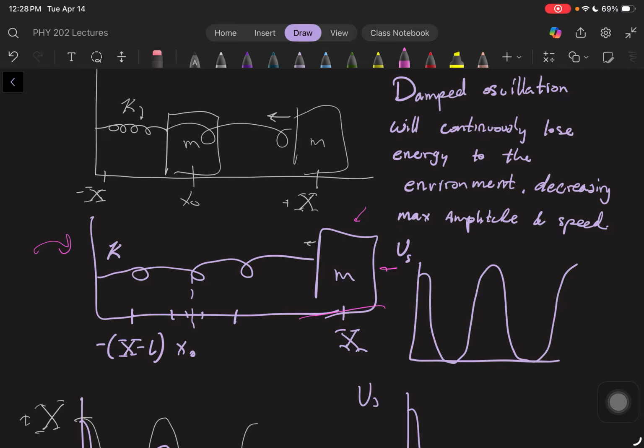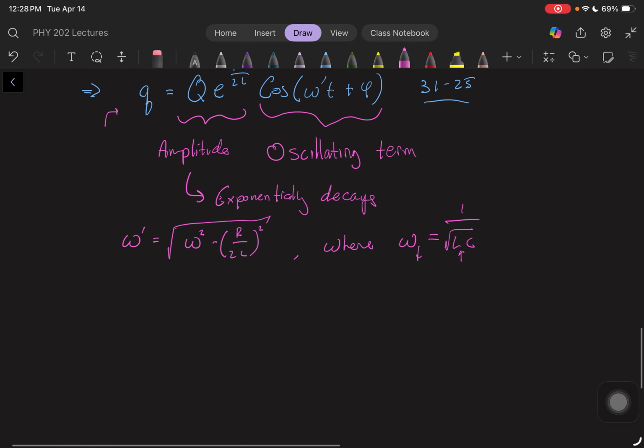If I have a driving force, I'm sitting there and smacking it every time it comes to the maximum amplitude, that would be me driving it at its resonant frequency, but we'll get into that later. So this is just the frequency an LRC circuit oscillates at.